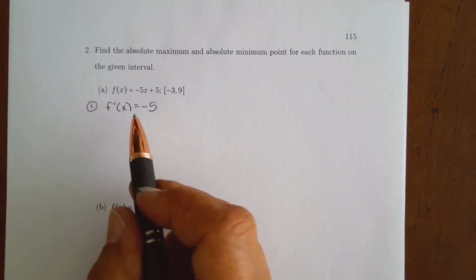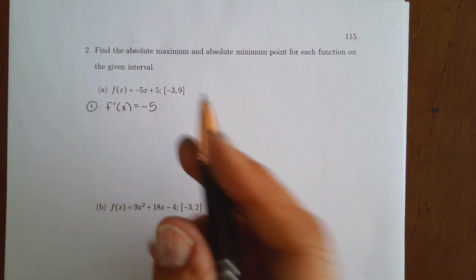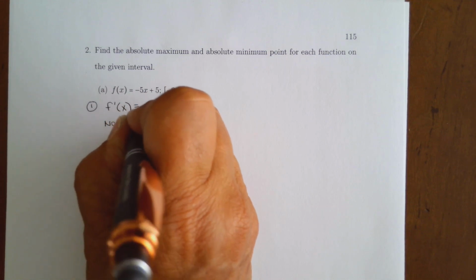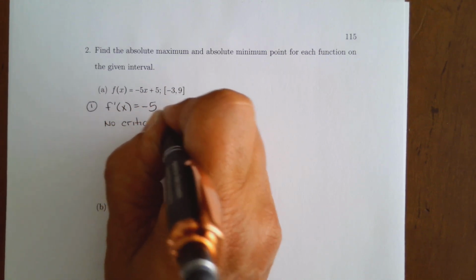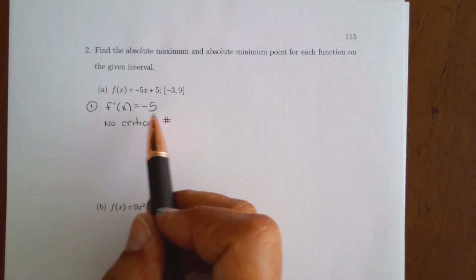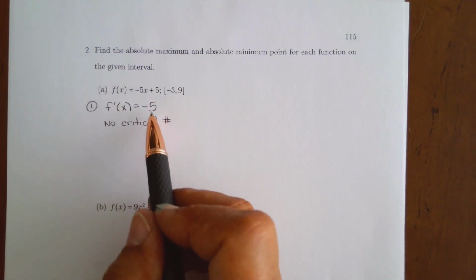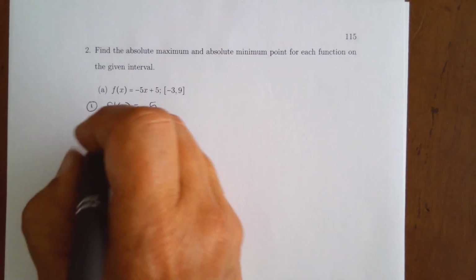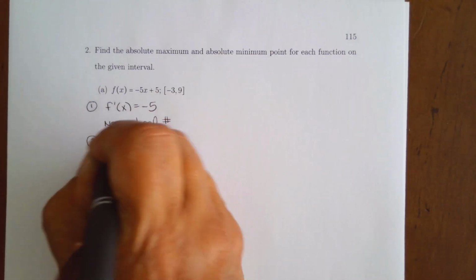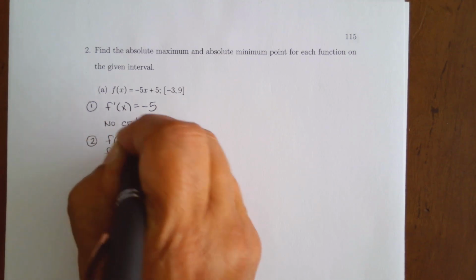We can't set that equal to 0, so there is no critical numbers here, okay? There's no x in this problem, so I can't set it equal to 0 and solve. So that means step 2 is find the function values of the endpoints and the critical numbers.